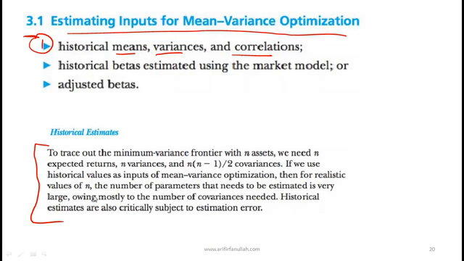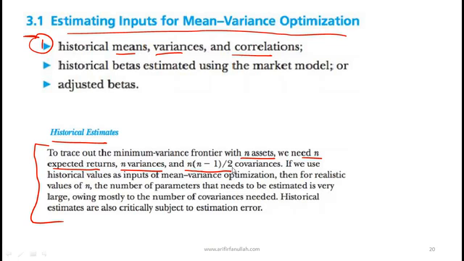So what are the issues with using historical estimates? To trace out the minimum variance frontier with n assets, we will need n expected returns, n variances, and n multiplied by n minus 1 divided by 2 covariances.